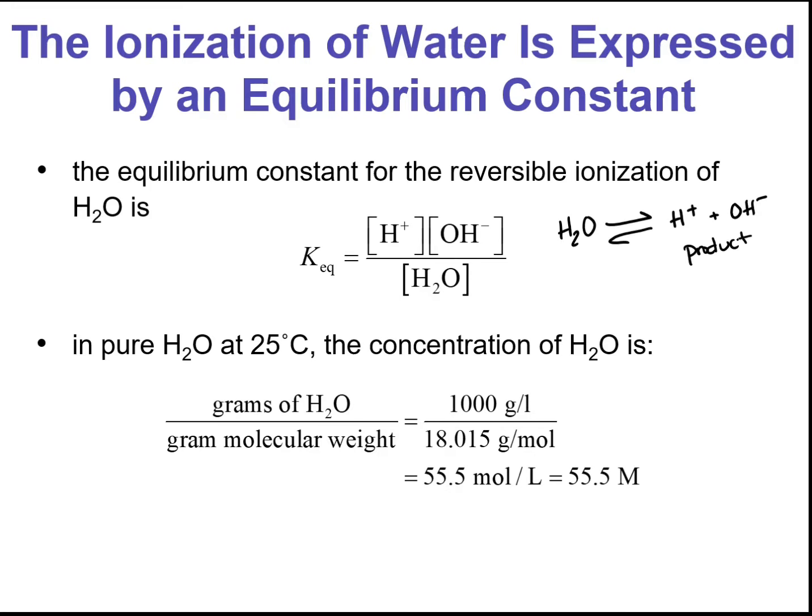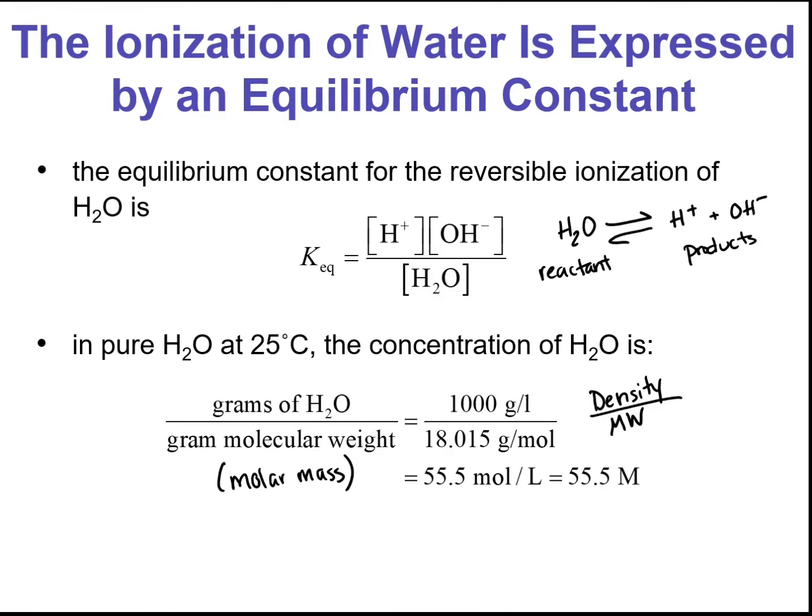Products are on top. The only reactant is the water, which is on the left, and that's on the bottom. To get the concentration of water, it's the density of the water over the molecular weight, which is the same thing as saying the molar mass.